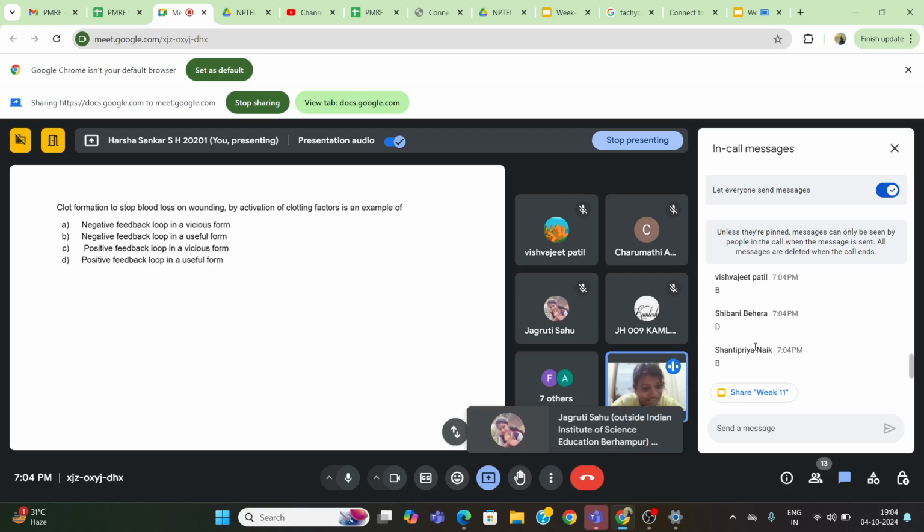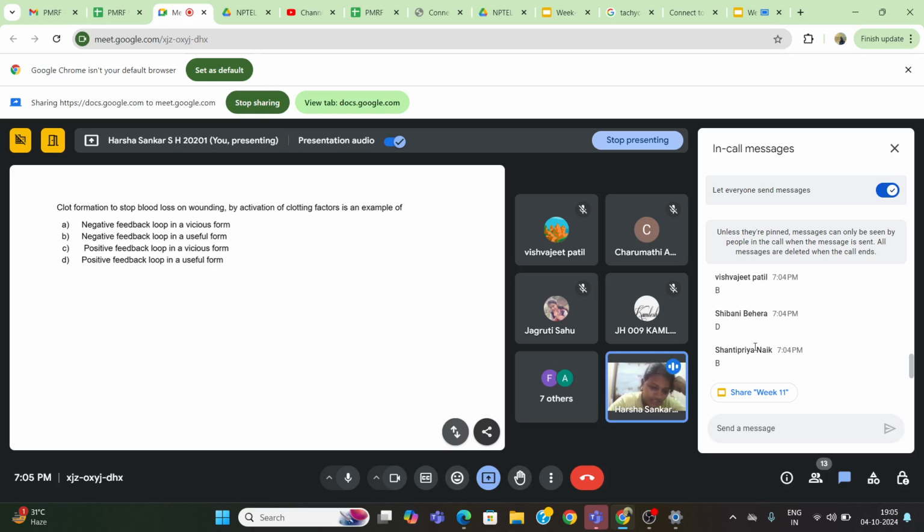The correct answer is option B. That happens in blood fluid. Whenever that initiation happens, more and more clot will be formed due to more fibers, more collagen. After the first initiation, a lot of factors are coming. If more and more is coming, that is positive feedback, right? Positive feedback in a useful form.